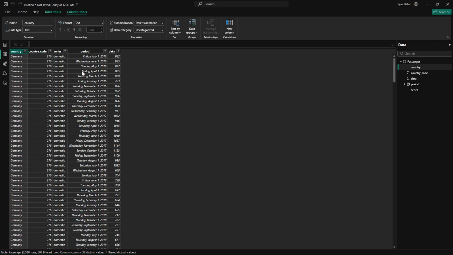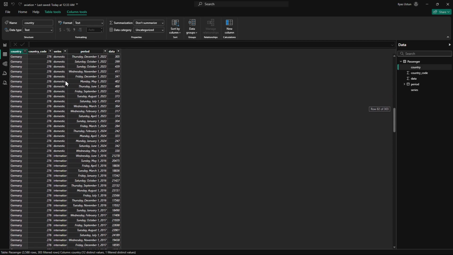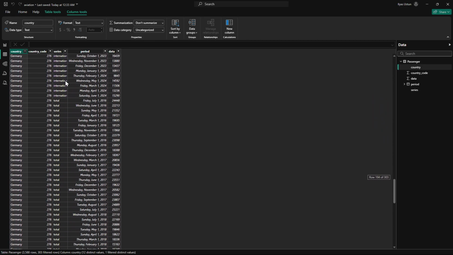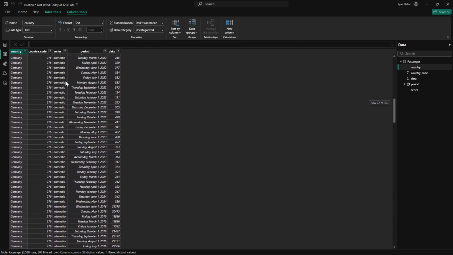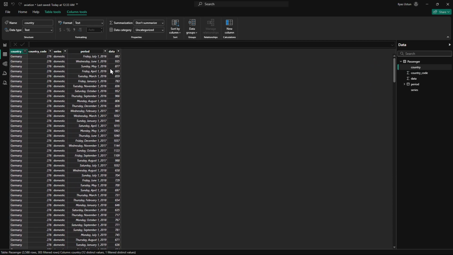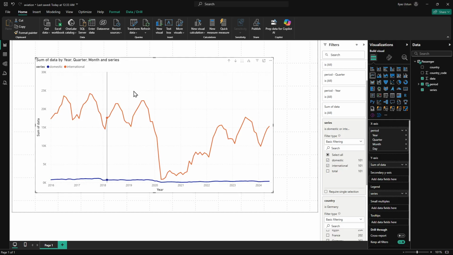And then it groups by the different flight types, whether it's domestic, international, or the total of these two. And then within that category, it will sum these values for each month in this case. Why is it each month? Because we are at the monthly level.